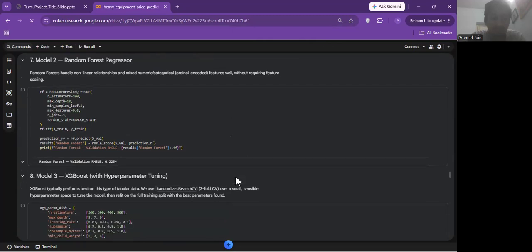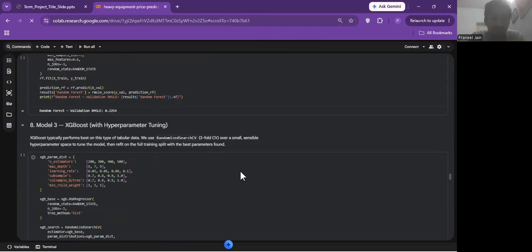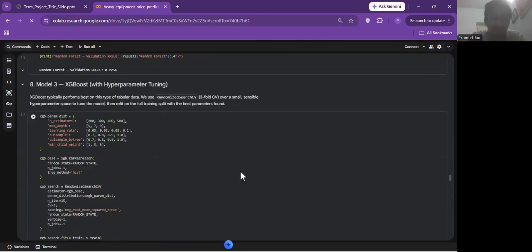The next thing we have made is XGBoost. As we know, XGBoost is a boosting method. Trees are built sequentially, each correcting the previous one's residual error. I have tuned it with random search CV instead of grid search.